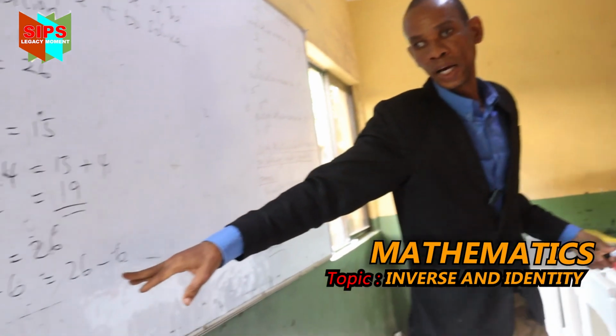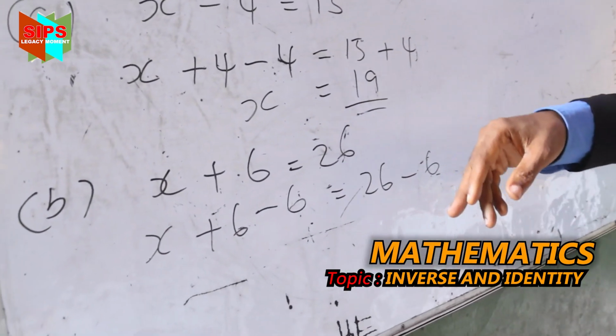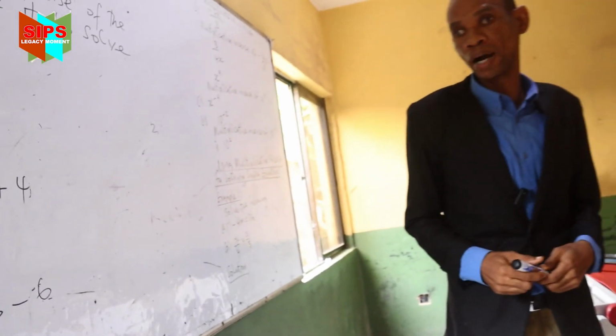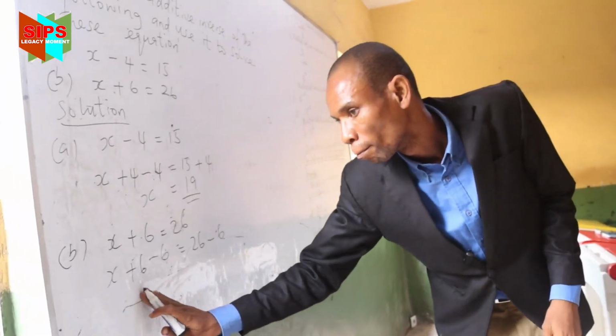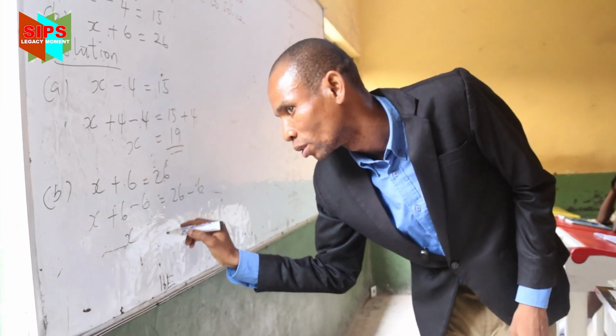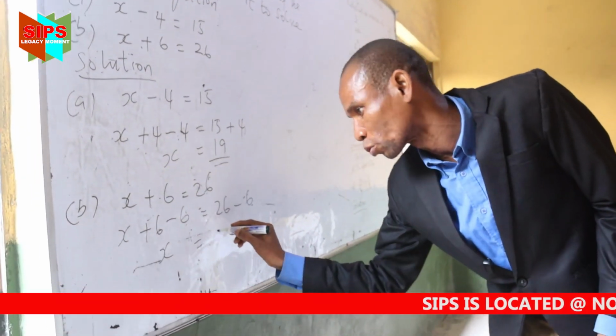We subtract from both sides because the inverse of plus 6 is minus 6. So plus 6 minus 6, obviously you have 0.